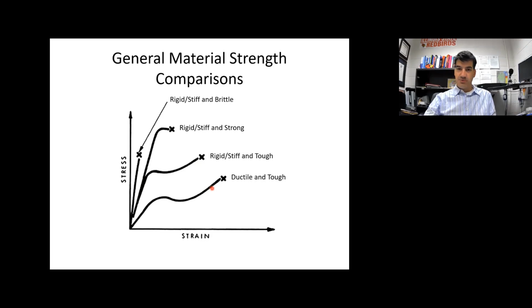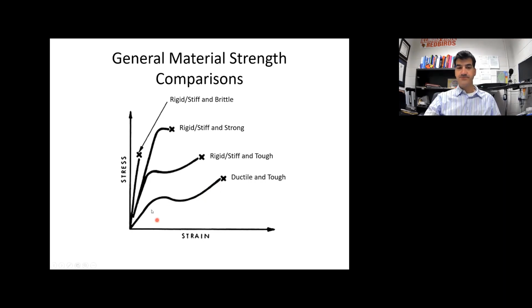Well, we could say it's pretty ductile because it was pretty stretched out in the horizontal dimension, which meant that it had a large strain value when it failed. So that means it's ductile. And we could also say that it's at least moderately tough because it has a pretty large area under this stress-strain curve.